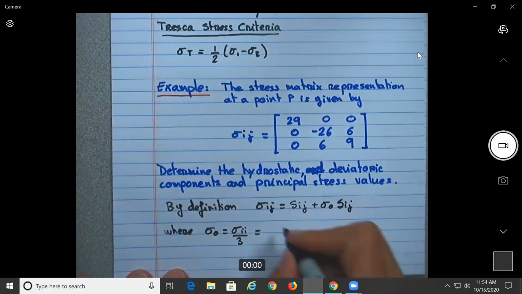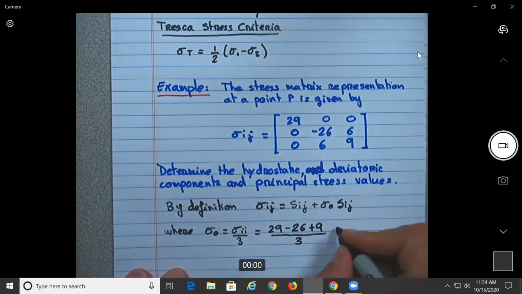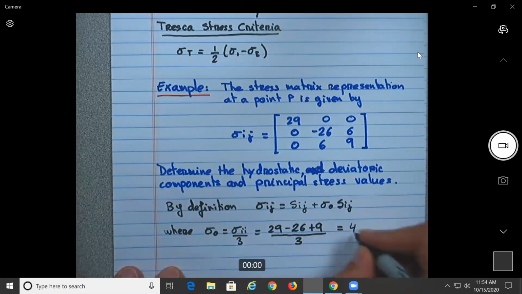To save some time, this is equal to 29 minus 26 plus 9, divided by 3, which is 12 divided by 3, which is 4. And the units should be KSI.